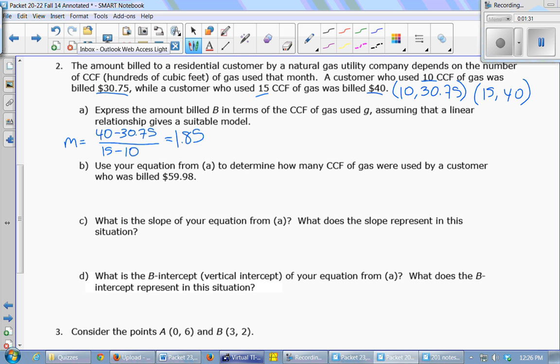So then I have the model y equals mx plus b. That's my slope-intercept form of a line, and I now know m. I now know that m can be replaced with 1.85.